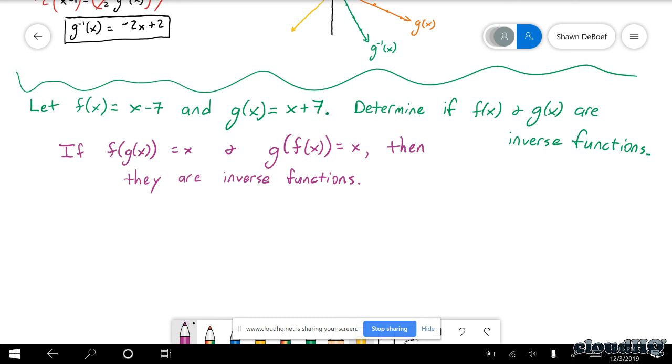Which is really what the definition of an inverse function is. An inverse function is something that inverts or undoes something else. By saying f of g of x, we're plugging x into the g and then plugging that into the f. The f should undo whatever g did, and you should get whatever you plugged in. So since we plugged in x, we should get x. So let's test it on this problem.